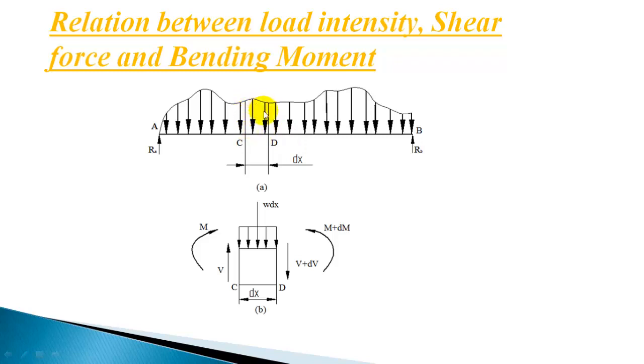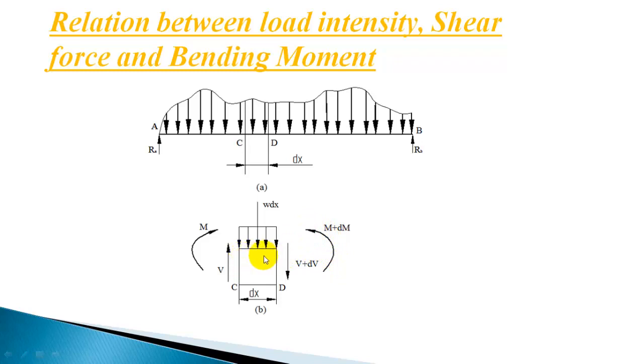So when you remove this portion, to obtain equilibrium, the forces transmitted to that element from the left portion and from the right portion have to be shown. The force transmitted from the left side is shear force and bending moment, and from the right side there is again shear force and bending moment.